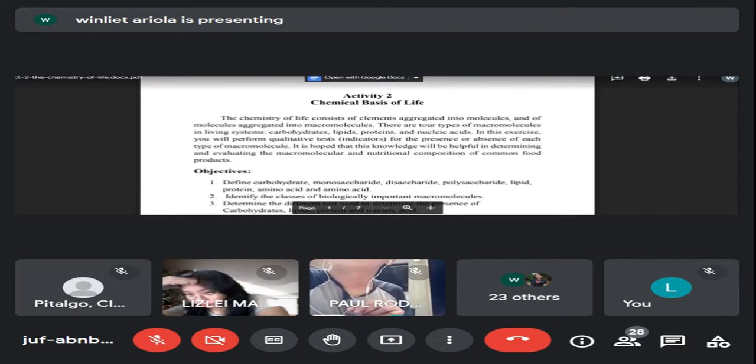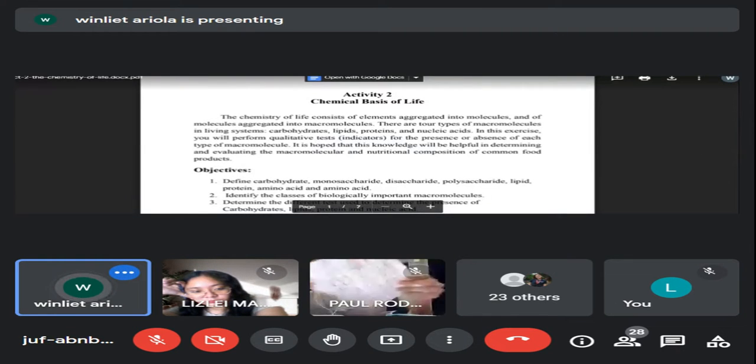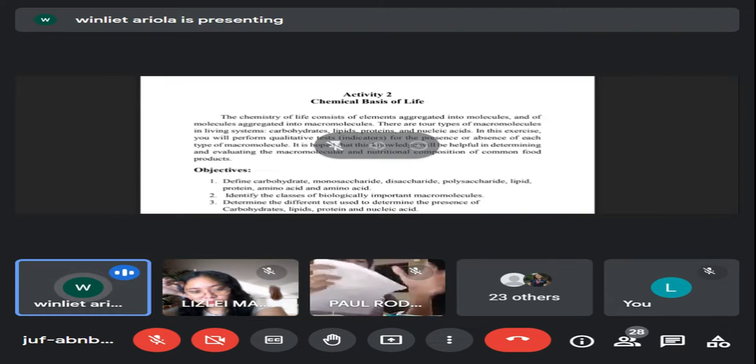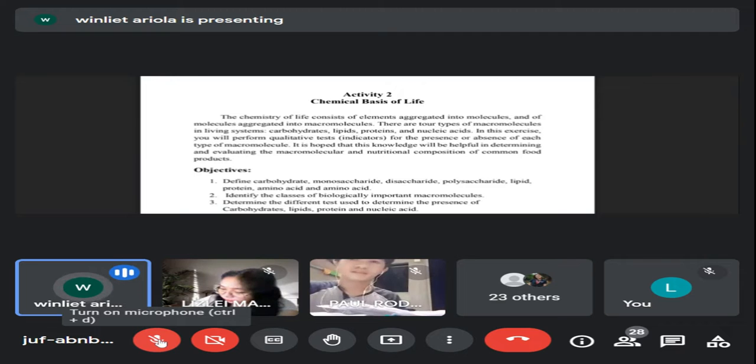Okay, let's proceed with activity number 2. Easy lang din ang activity number 2 natin. So, this is the chemical basis of life. Just remember the 4 macromolecules of the living system: carbohydrates, lipids, proteins, and the nucleic acids.